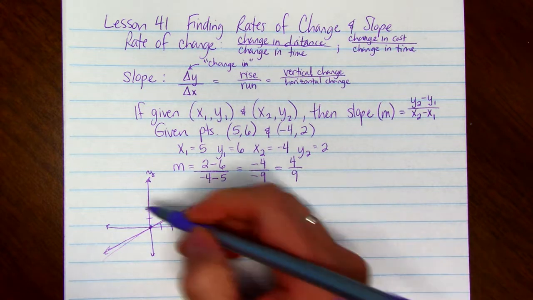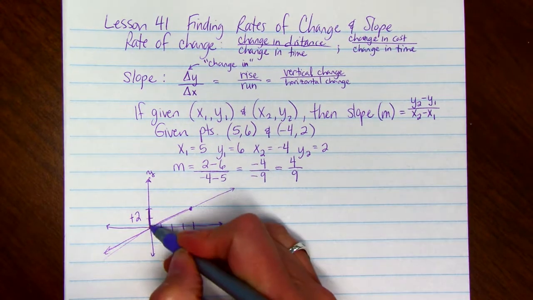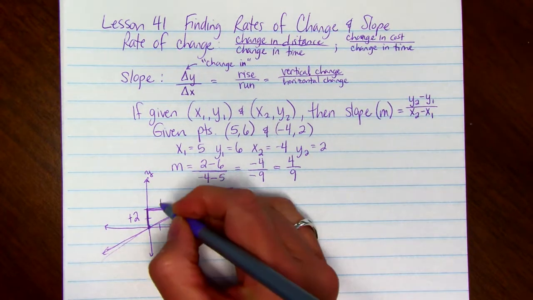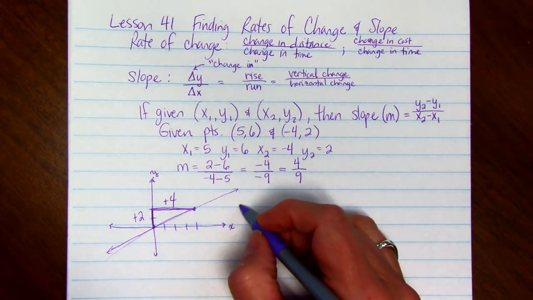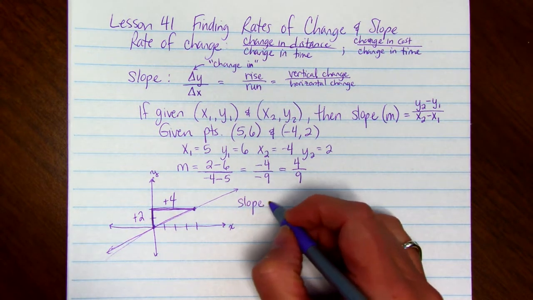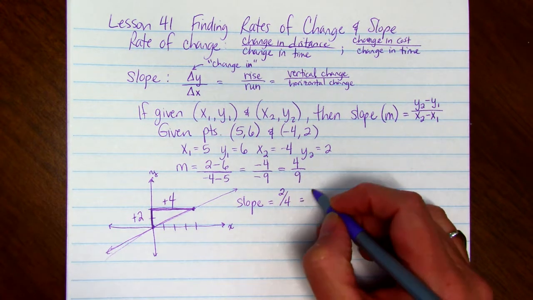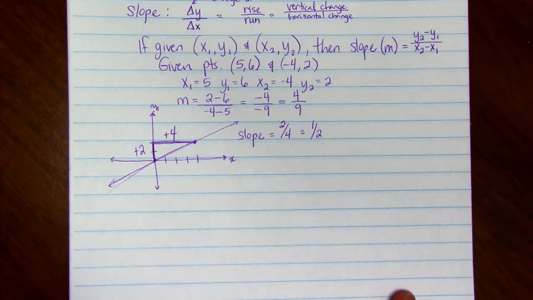We can look at it and say, we're rising 2, because we went up, it's plus, and we're going to the right 4. And right is positive. So the slope of this line is rise over run, so 2 divided by 4, which equals 1/2. So the slope of that line is 1/2.